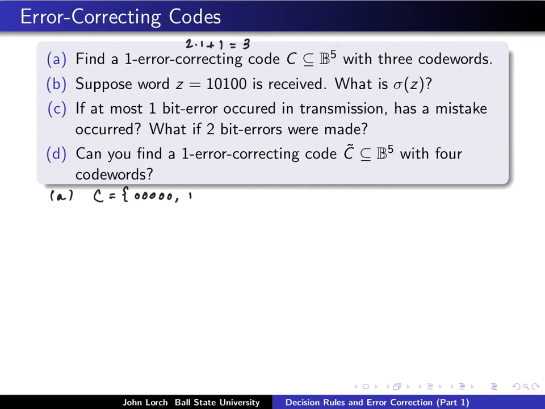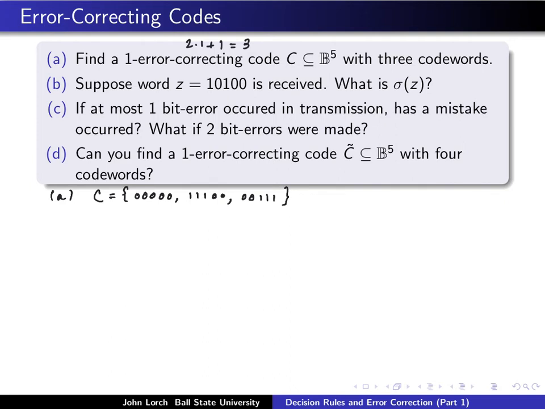So why don't I try this as my next code word? That code word is of distance 3 from the initial code word. And then what about this code word? That is also of distance 3 from 0, 0, 0, 0, 0.